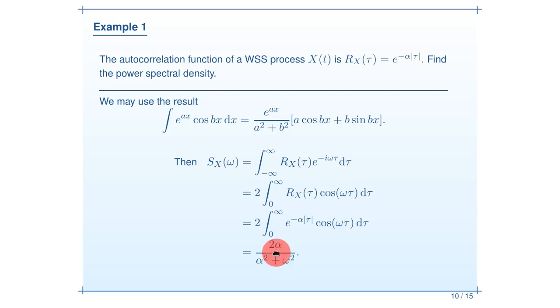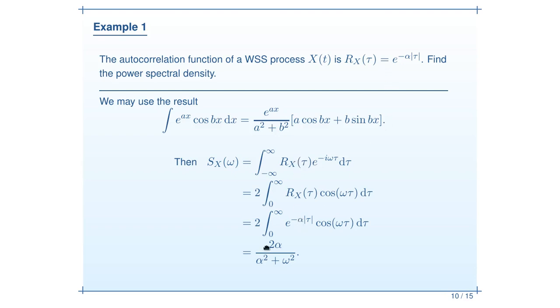I said this is worth remembering because to do it the other way around will be very difficult. Suppose we are given the power spectral density which has this form, then if we try to find the inverse Fourier transform by actual computation, it is going to be a little difficult.